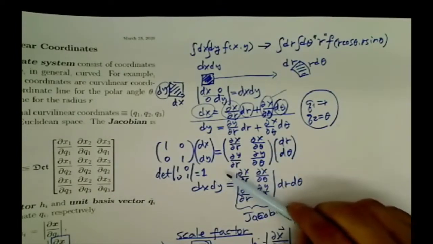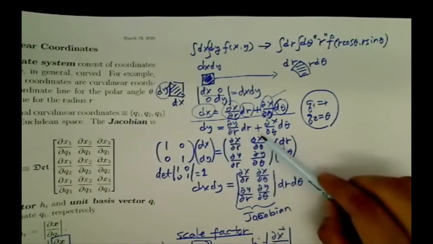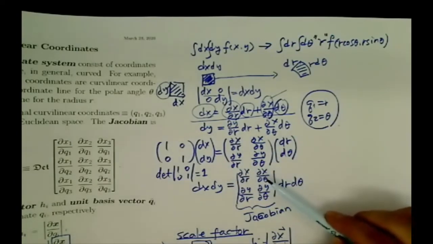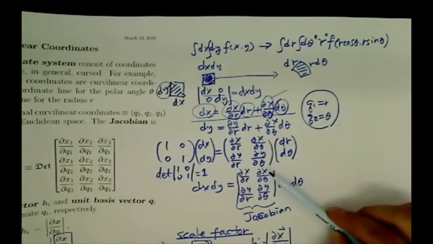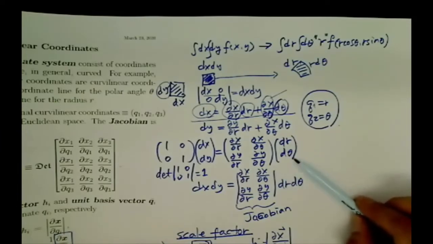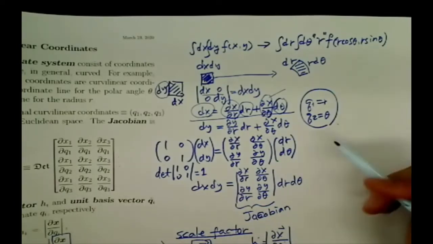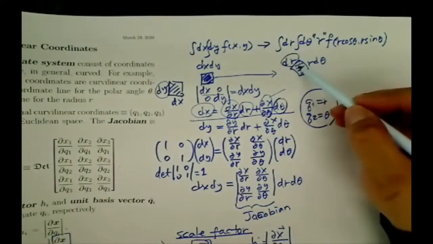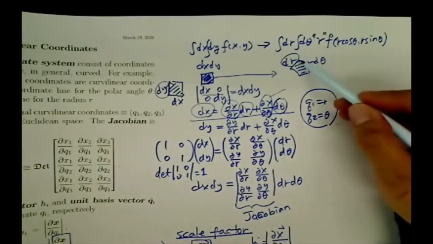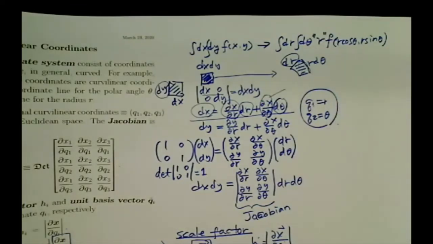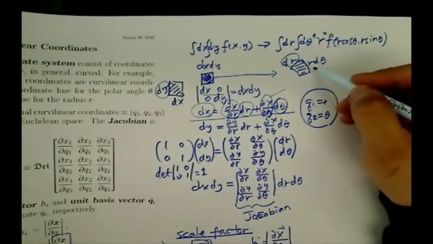In general, in a curvilinear coordinate system, dr d theta does make some space generated by change in the coordinates, but the actual distance to compute the area should be modified by multiplying some scale factor.